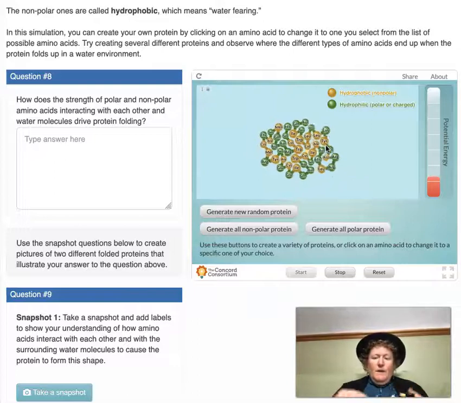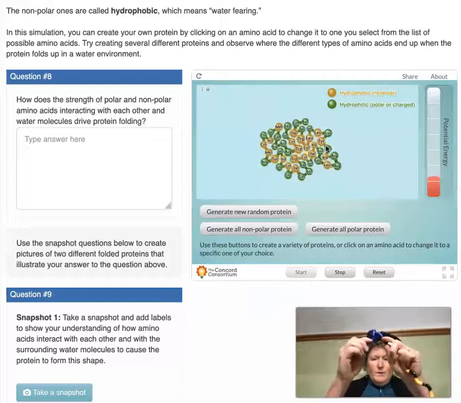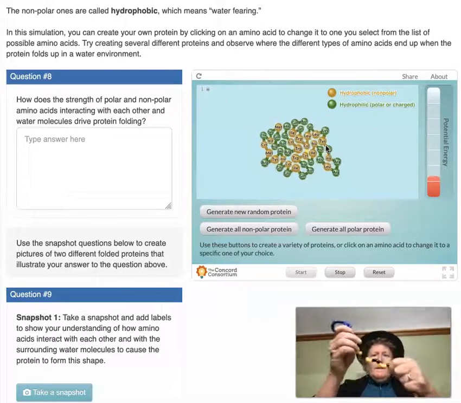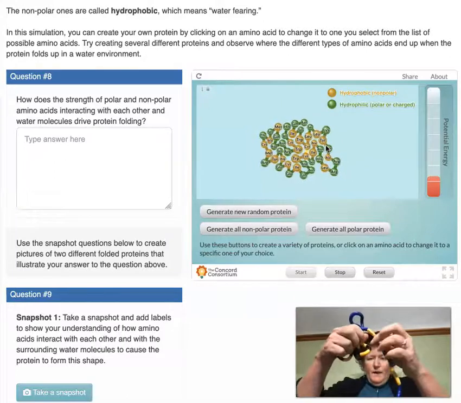So that same thing, if the water-loving or polar parts of the protein want to be with water, they're going to be with water together.